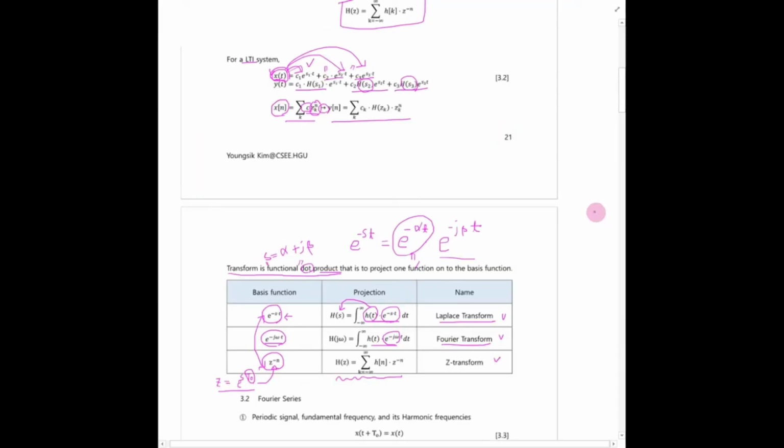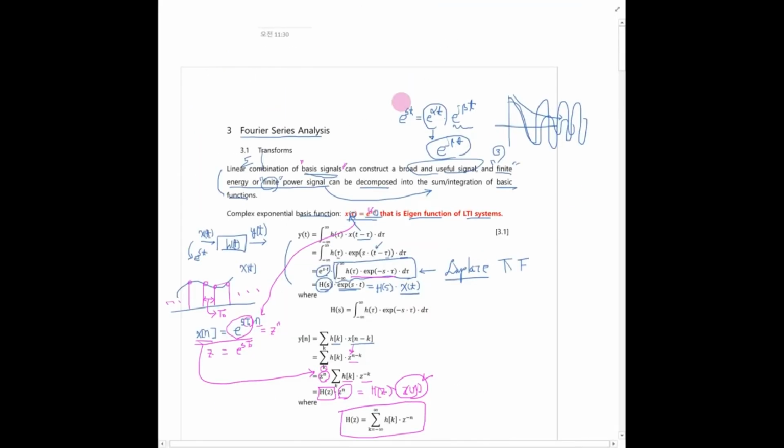X component is 0, y component is 1. This is called y hat. So x hat and y hat, these two vectors are called the basis vectors. It has the same meaning as this basis. So here I hope you know the meaning of the basis.